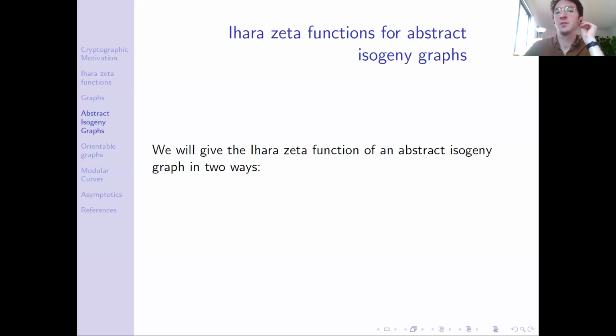So our goal then is to give descriptions of the zeta function of an abstract isogeny graph in two different ways, and then use these ways to study, say, the asymptotic number of cycles in an isogeny graph. So the two different descriptions are going to be one using combinatorial data.